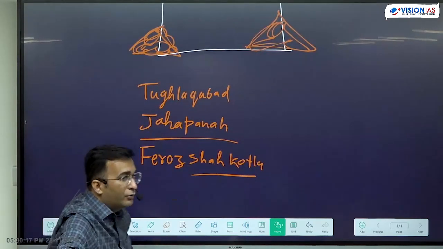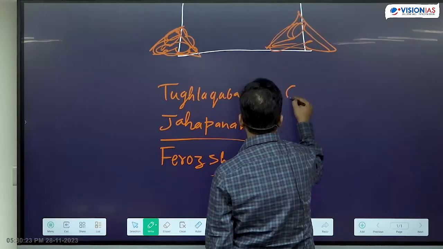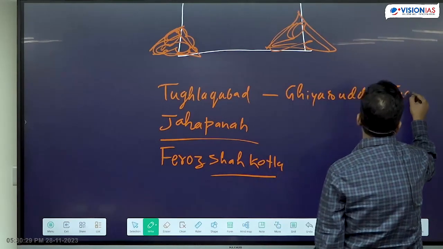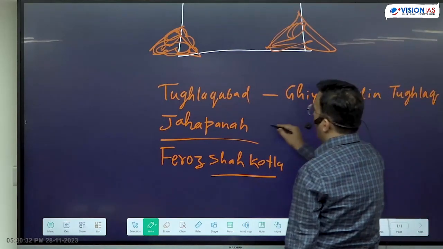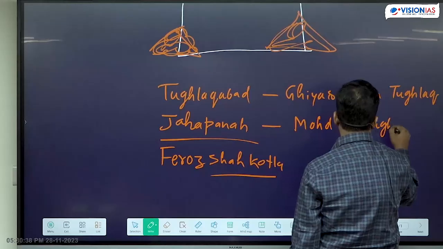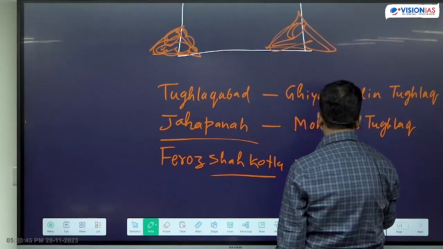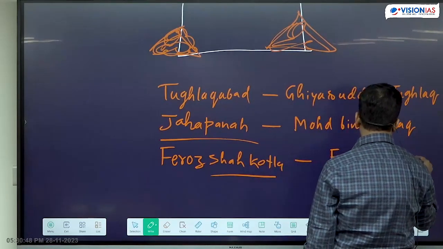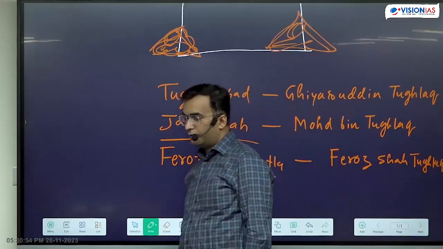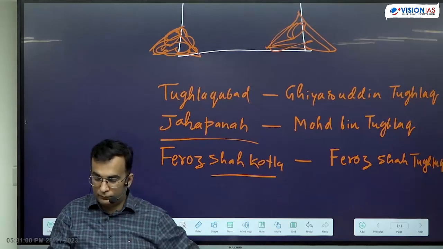First you write Tughlaqabad, created by Ghiyasuddin Tughlaq, Jahanpana by Muhammad bin Tughlaq, and Firoz Shah Kotla by Firoz Shah Tughlaq. Done?